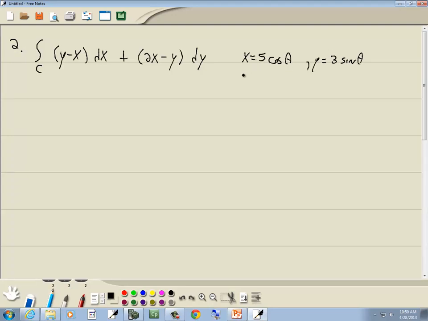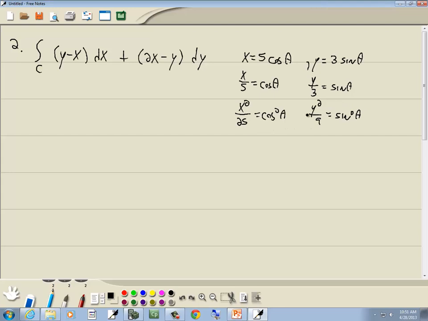Well, if I divide both sides by 5 here, I get x over 5 is equal to cosine theta. If I divide both sides by 3 here, I get y over 3 is equal to sine theta. If I square both sides, I get x squared over 25 is equal to cosine squared, and y squared over 9 is equal to sine squared.